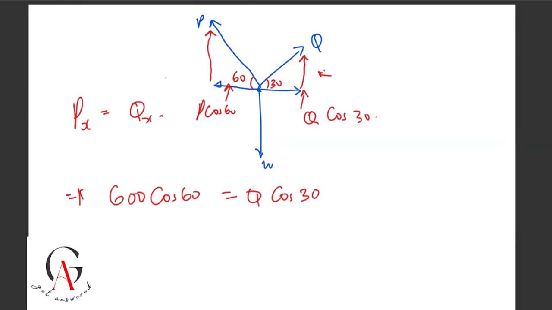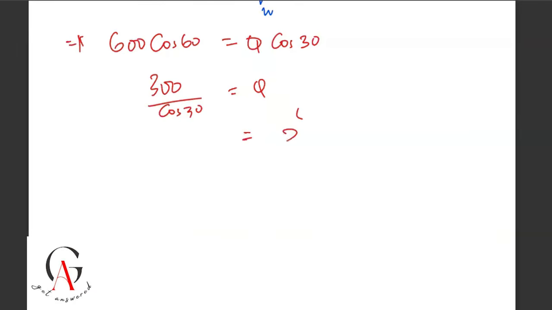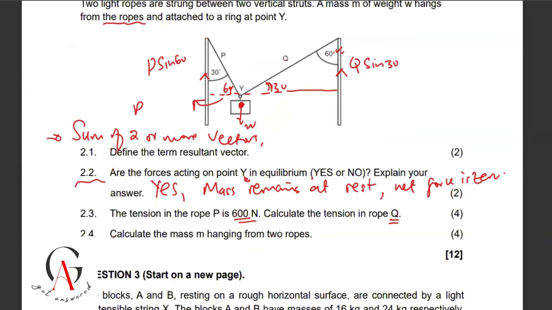We know that the cos of 60 is a half. So half of 600, that's going to be 300 divided by the cos of 30. And that should give us our Q. So the answer I'm getting is 346.41 newtons. So the tension Q is 346.41.